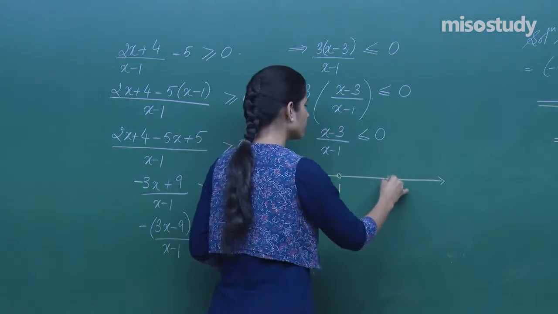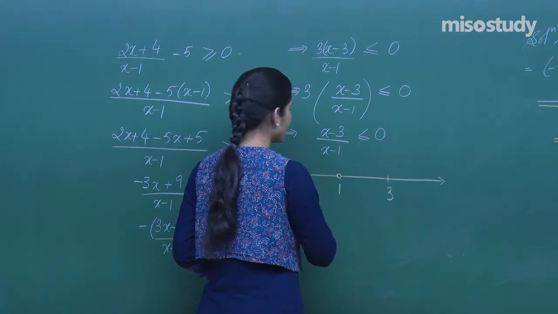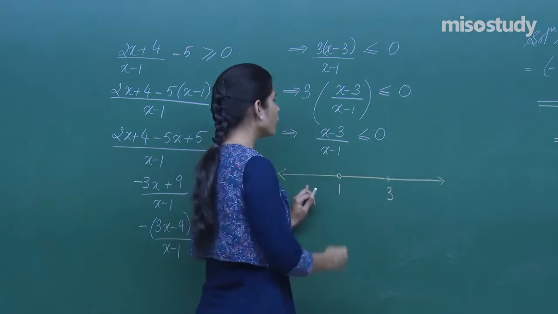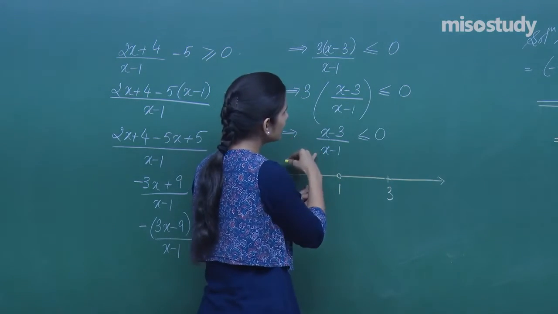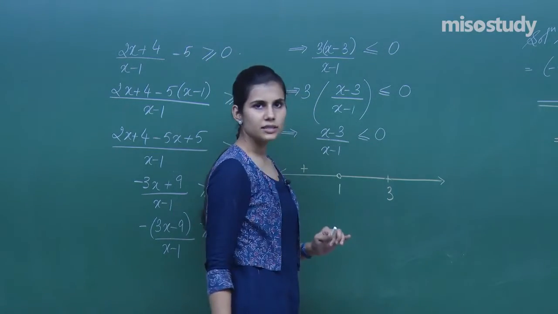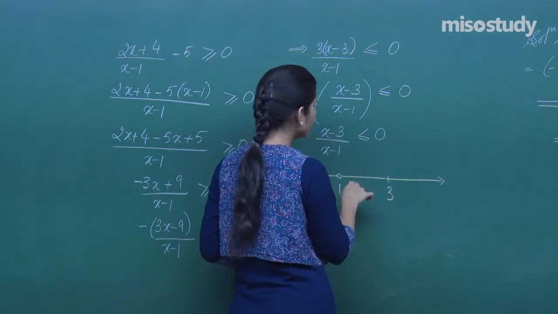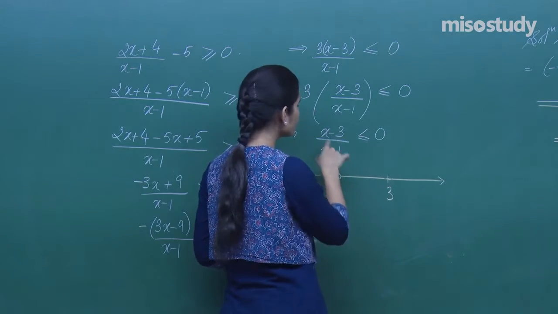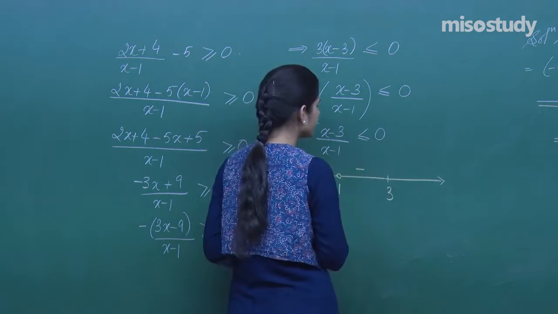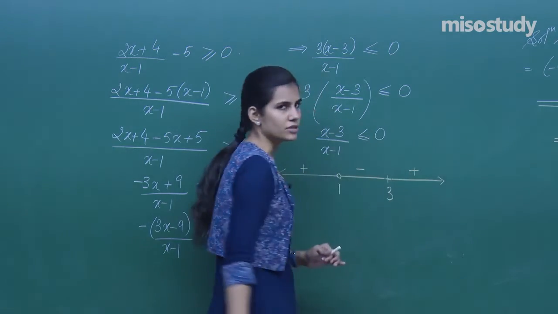Now if I talk about values which are lying before 1, between 1 and 3, and beyond 3. If I take any number before 1, suppose I take 0, you get negative here, negative here, negative negative gives me positive. So you get a positive answer here. Here if you put any value beyond 1 and less than 3, suppose 2, you get negative above, positive below, so you get a negative answer, and here you again get a positive answer.